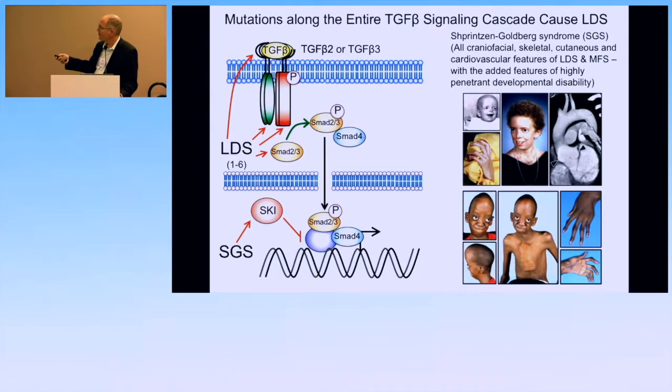We were also able to show that mutations in a gene called SKI cause a very closely related condition called Shprintzen-Goldberg syndrome.